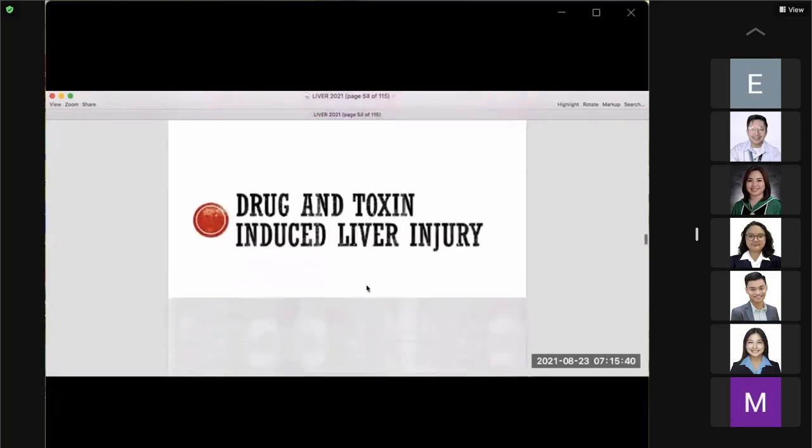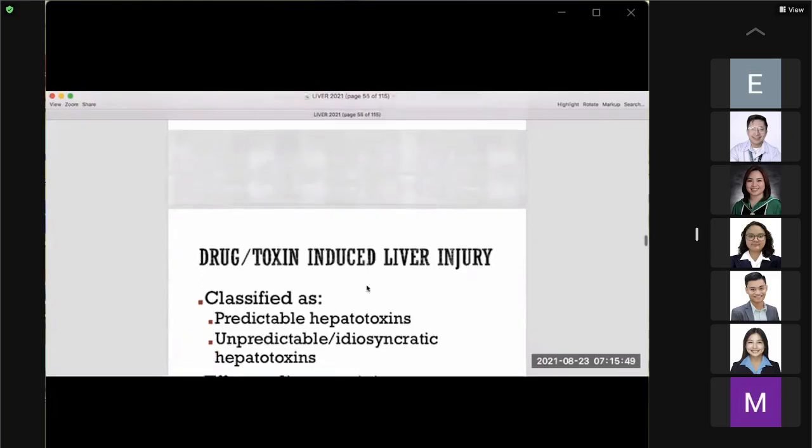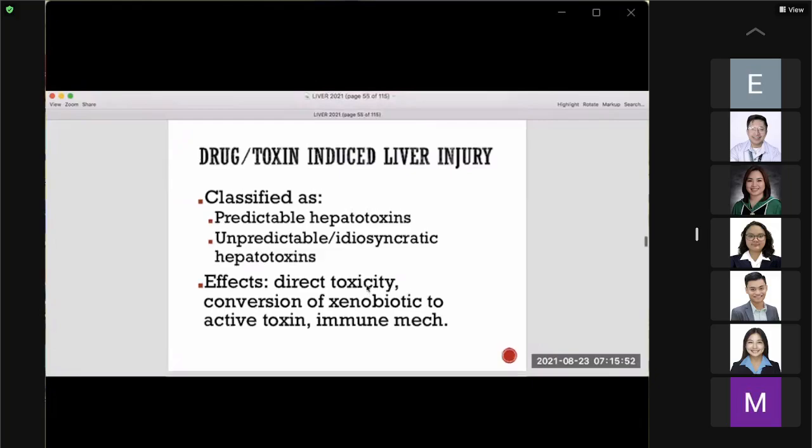Okay. Then we have the drug and toxin induced liver injury, which from time to time we encounter. It is classified as having predictable hepatotoxins. We know the substances that are hepatotoxic, and if the patients are exposed to that particular hepatotoxic agent, liver injury can happen. There are times also idiosyncratic, just crop up, unpredictable at that.